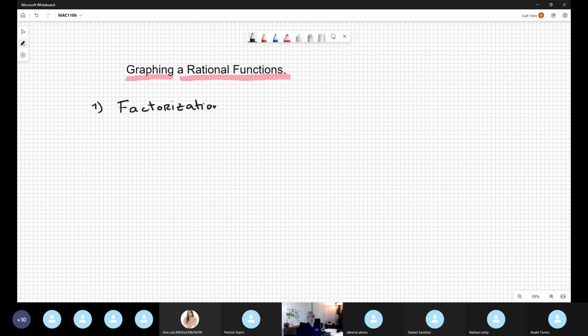So in other words, express the rational function in factored form. You factor the top, you factor the bottom. This is important because, for example, suppose you have different factors. x minus 2, x minus 4, x plus 5.